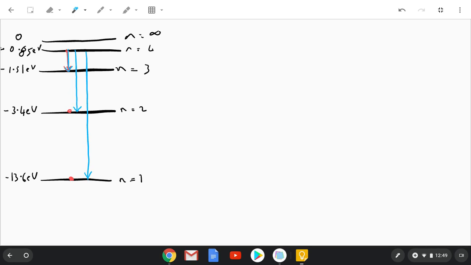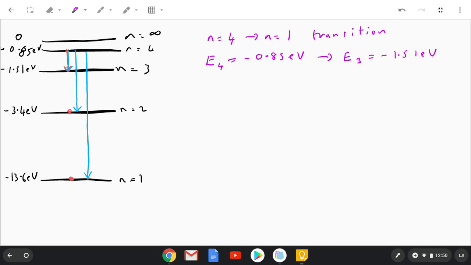So when an electron transitions between the n equals 4 level and the n equals 3 level, the energy that it has at the 4th level is equal to minus 0.85 electron volts, and it loses energy and it goes into the 3rd level, which has minus 1.51 electron volts of energy.